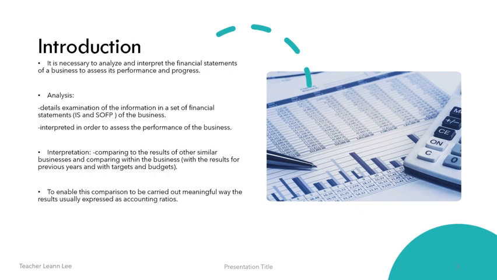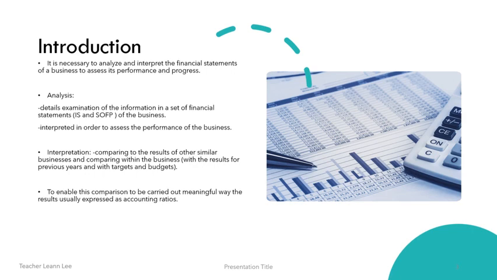Interpreting is comparing results with a similar business, like Gardenia compared to Massimo, so you can see which company does well, plans well and budgets well. You can also compare within your own business, see the progress, and set targets and budgets for the future.